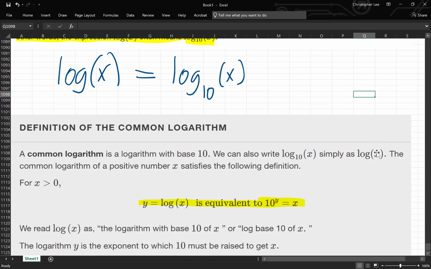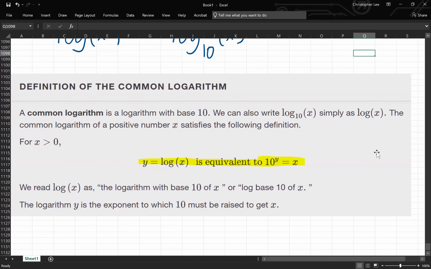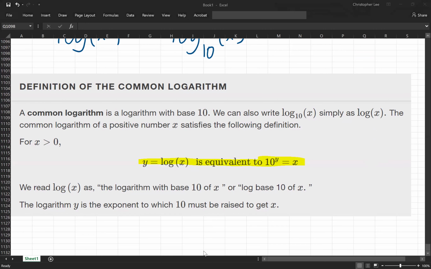For x greater than 0, y equals log of x is equivalent to 10 to the y power is equal to x. We read log of x as the logarithm with base 10 of x, or log base 10 of x. The logarithm y is the exponent to which 10 must be raised to get the x value. All right. Not too bad.